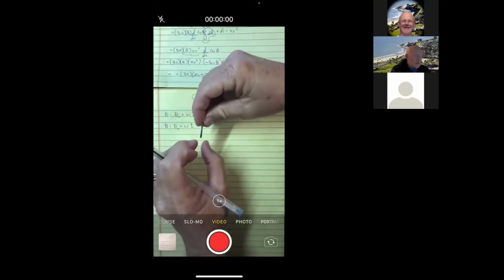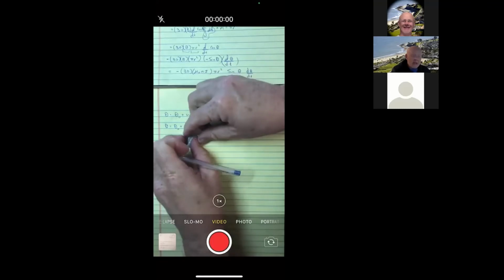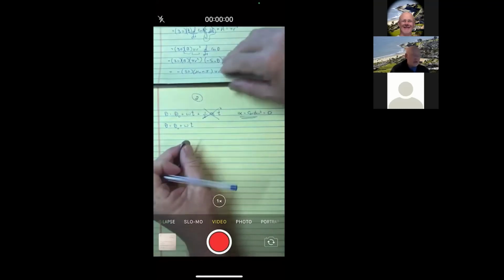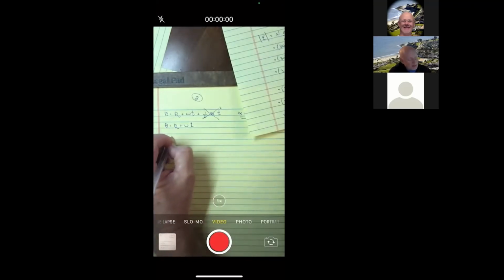I don't know if this is what they want us to do, but we could say that, okay, in its starting position, which they said was the YZ plane right here, something like that, why don't we call that the initial angle of 0? So calling this one 0 lets us reduce to something really simple.